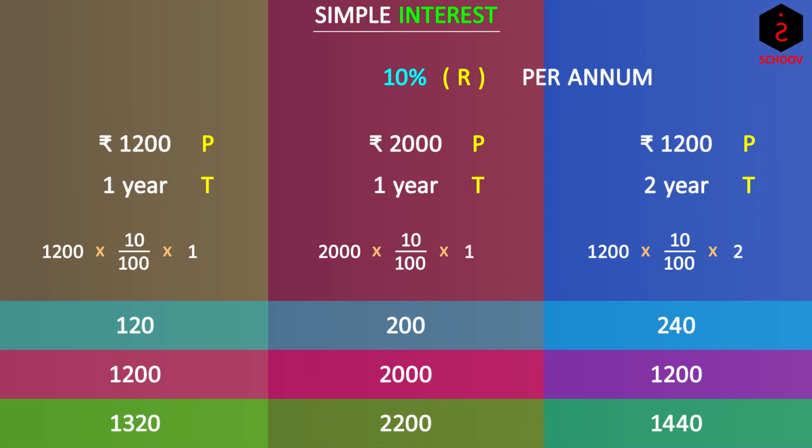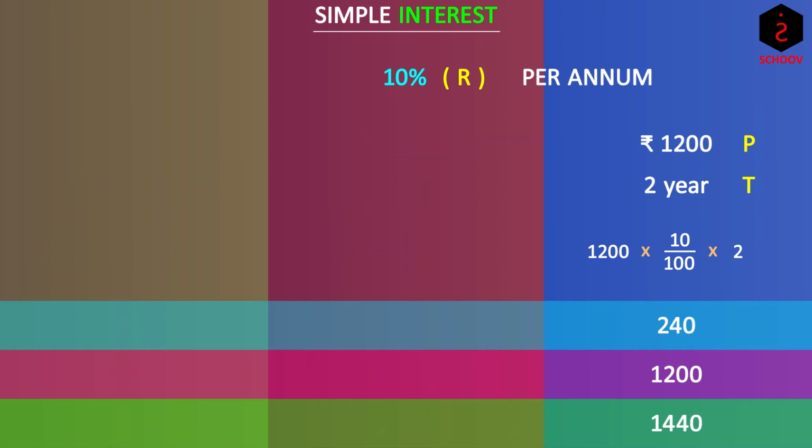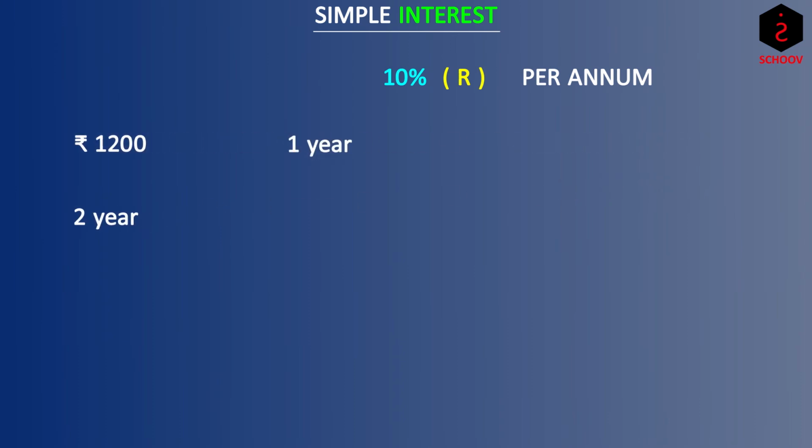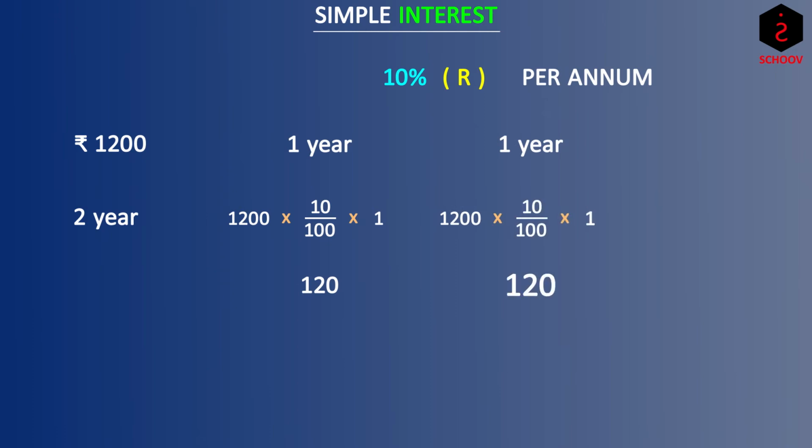To understand this, let's look at the third case, where time is 2 years. For 1 year, the interest is 1200 into 10 by 100 into 1, 120. For the second year, again it is the same, 120. And the total is 240 for 2 years.